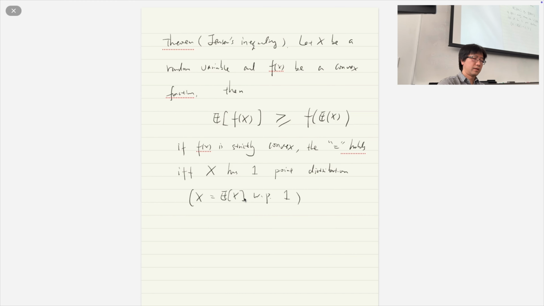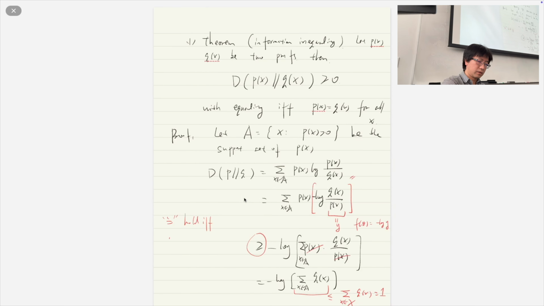And here it basically means that q(x) over p(x) is a constant. From here we can get that q(x) equals c times p(x). Okay, so that's one place.